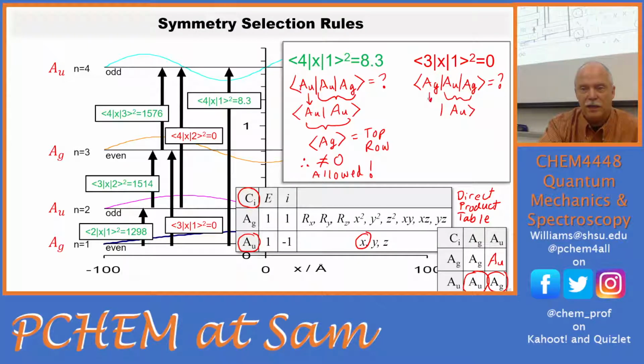We bring the AG down. And then we have, again, a function of the product of an AG function and an AU function gives us AU. So this is the integral over all space of a function that is odd. And so we know that that's 0, therefore not allowed. And I'll say because it's not top row.